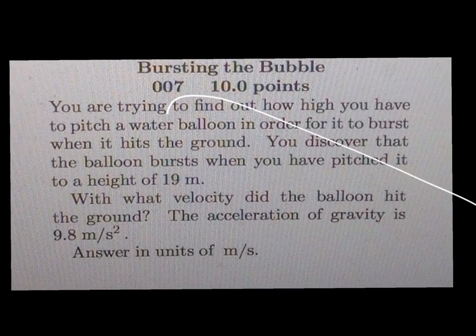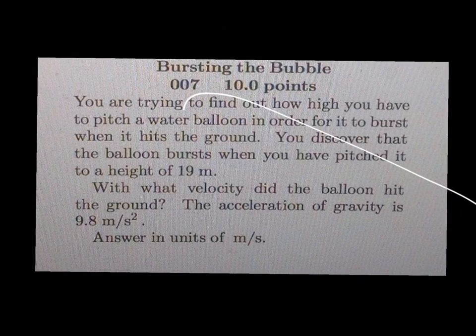All right, this last problem says you are trying to find out how high you have to pitch a water balloon in order to burst it when it hits the ground. You discover that the balloon bursts when you have pitched it to a height of 19 meters. With what velocity did the balloon hit the ground? The acceleration due to gravity is this.